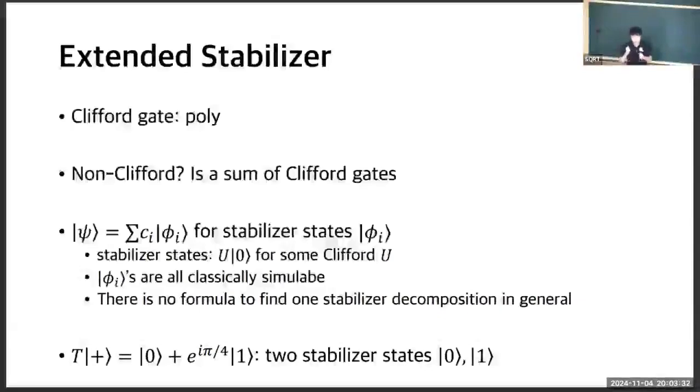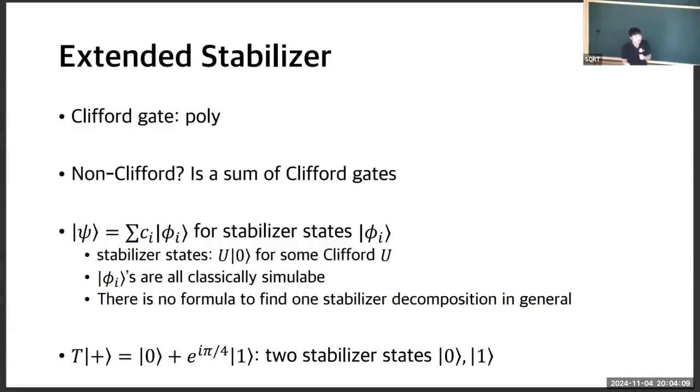So we can say that stabilizer states are just states that can be generated by Clifford gates. Then we can say that those phi i's are classically simulable in polynomial time. And if we can represent a non-stabilizer state psi as a weighted sum of stabilizer states, then maybe we can take it as a polytime simulation times that number of stabilizer states.